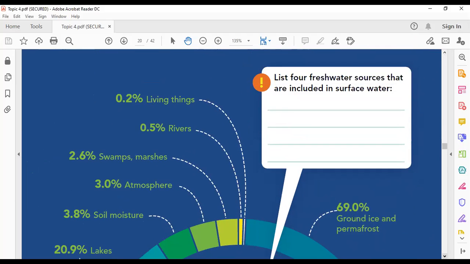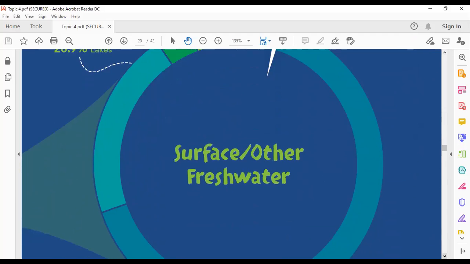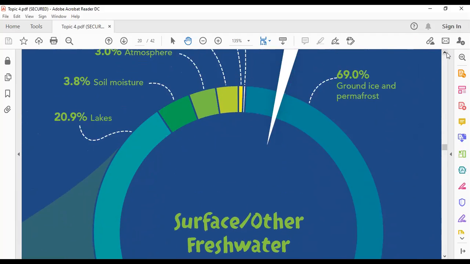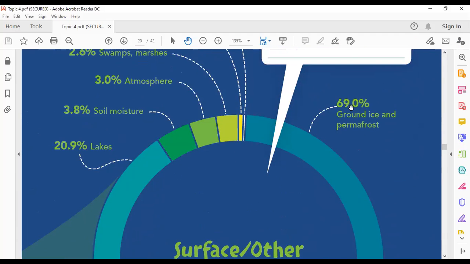The majority of surface water, as you see, makes up 69.69% or almost 70%. 69% of surface fresh water is found in ground ice and permafrost, found on the ground as ice.